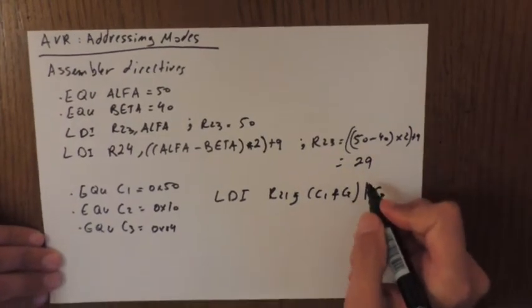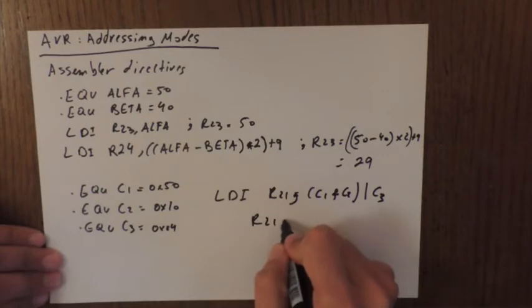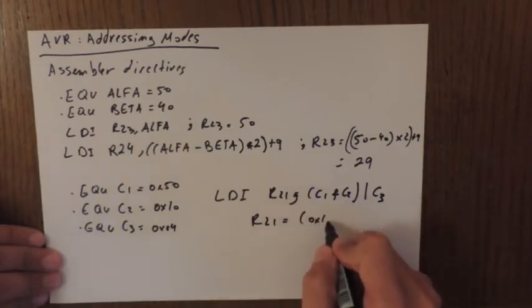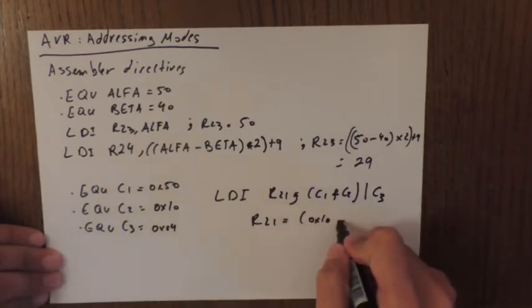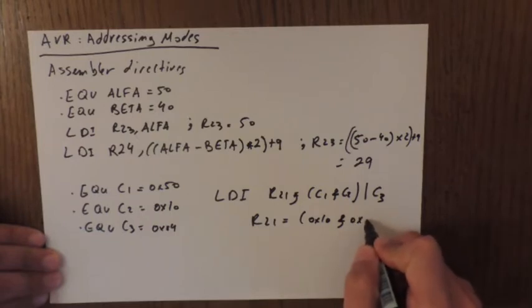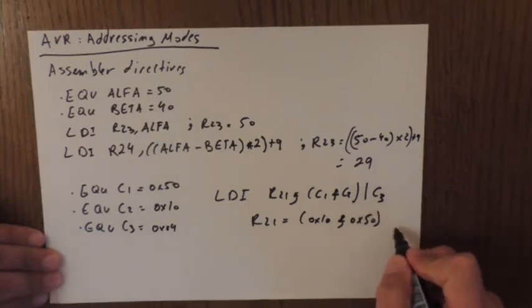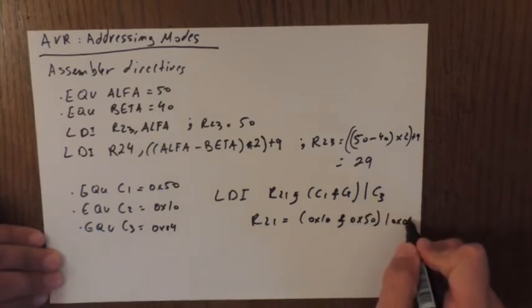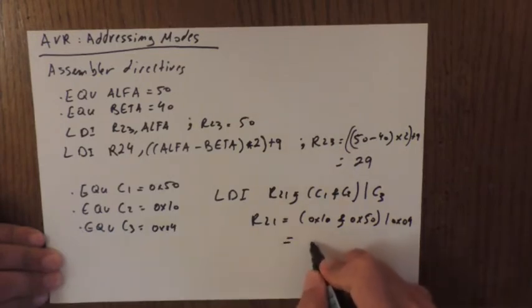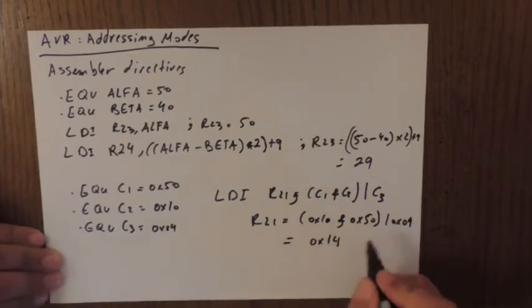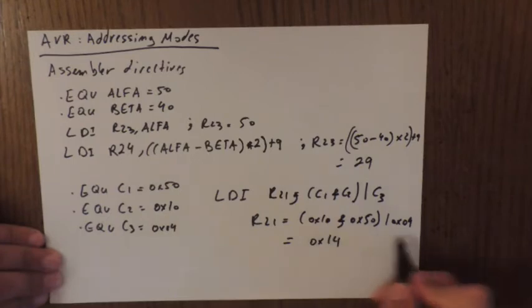So what happens here is that R21 will be 0x10 and 0x50 or 0x04, which should be equal to 0x14. So we AND those two bitwise and then we OR them with 4, so we have 0x14.